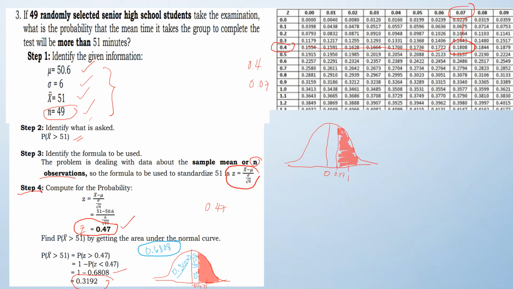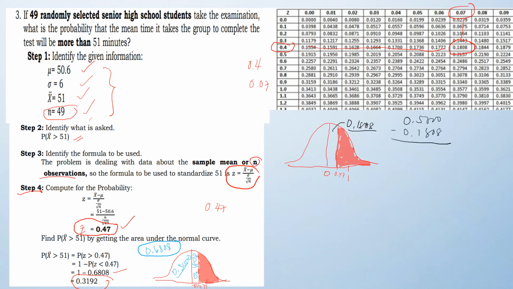Since we got the value of the probability of z equals 0.47, which is 0.1808, and we know that half of the normal curve is 0.5000, we can simply subtract 0.1808 from 0.5000.